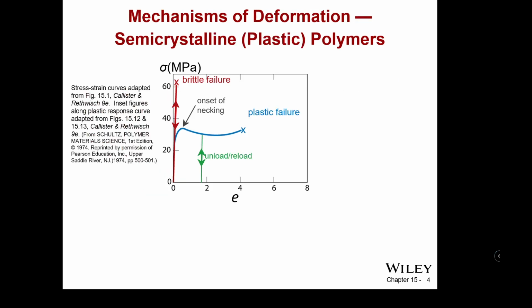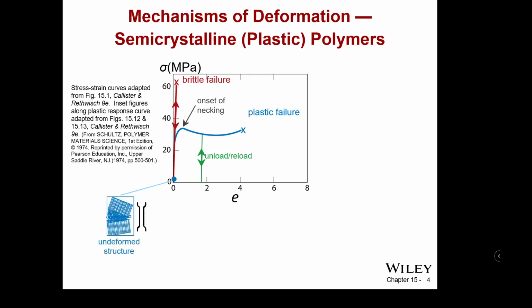So the mechanisms for deformation are also quite a bit different. There is necking that happens in these polymers under tension for plastic behaving plastics rather than brittle behaving plastics. And there is an unload and reload that is almost a straight line down for plastics.